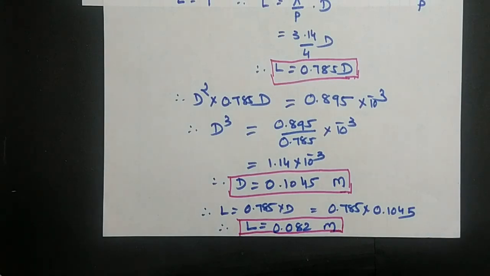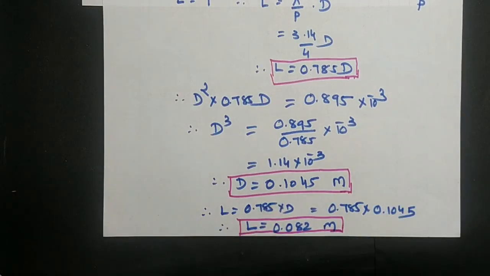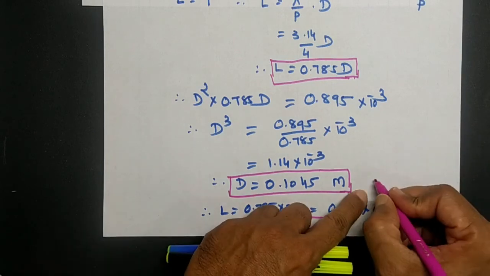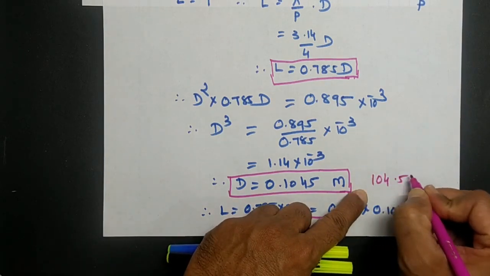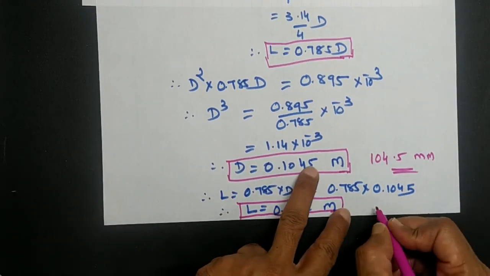One thing is very important in case of single phase induction motor, that the watts by RPS ratio is very important, and once the ratio is available, accordingly we will be able to calculate d square L, and then we have to separate D and L. Normally it is converted into millimeter. So if we convert into millimeter, then D is 104.5 millimeter and L is 82 millimeter.